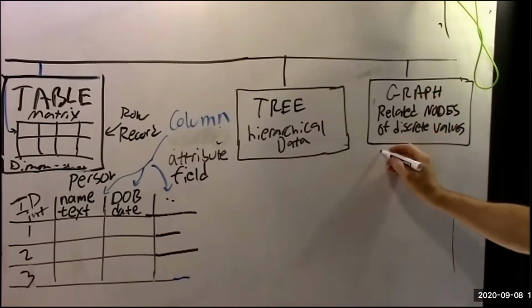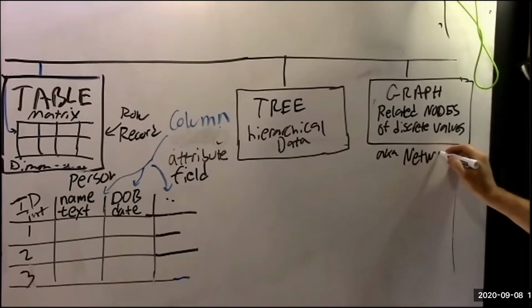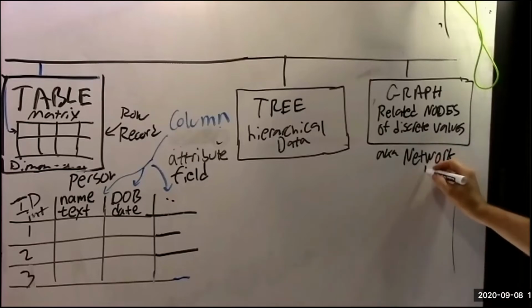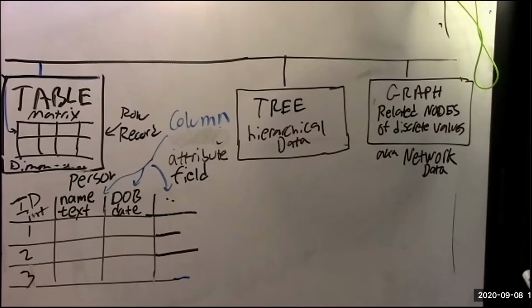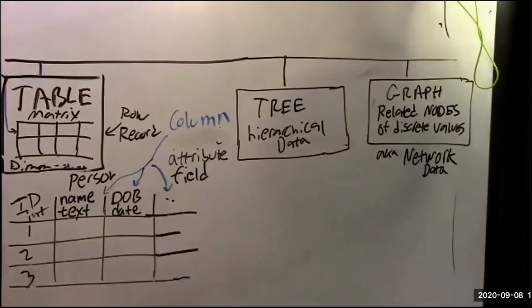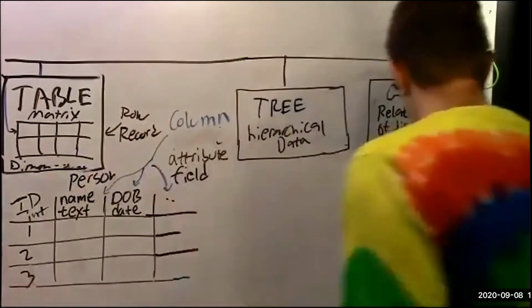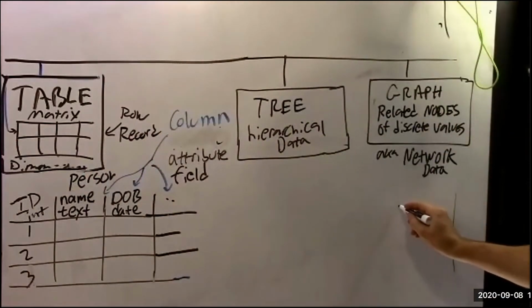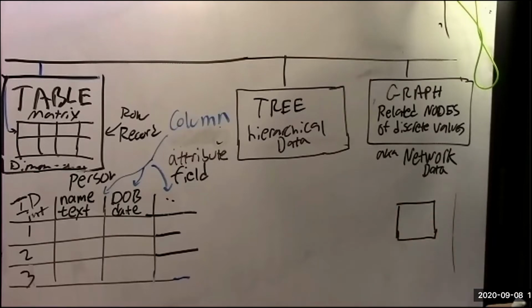graph data, also known as network data, is fantastically useful. We see that social life and biological life involves a lot of interconnections and relationships between entities. So we'll explore one of those data sets in a moment. So a node is simply a discrete container in which we can put something.